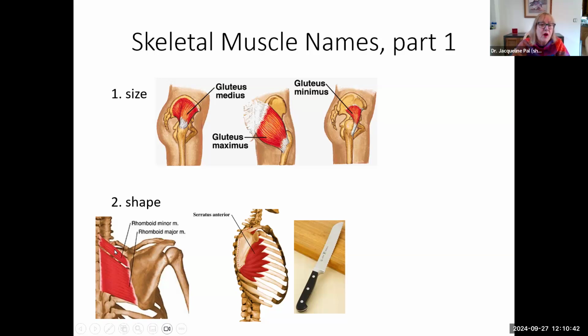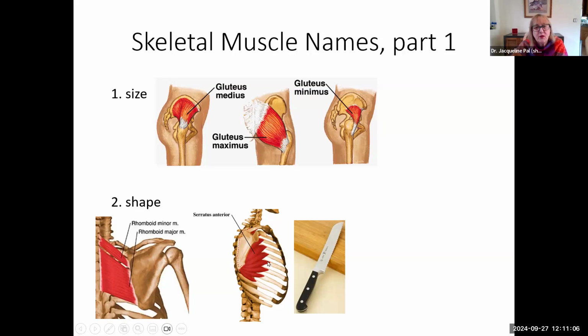So we have 2 rhomboid-shaped muscles here. The big one is called the rhomboid major, and the smaller one is called the rhomboid minor. Interestingly, in the cat, the rhomboid major is actually smaller than the rhomboid minor. But they're named not for the cat, they're named for the human.